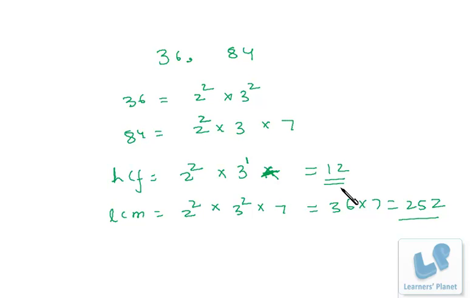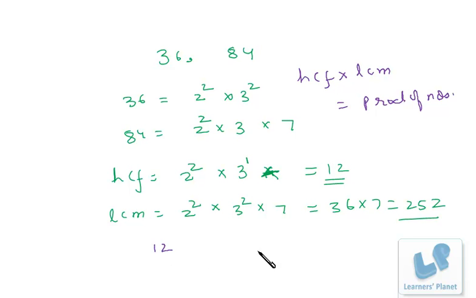So I hope you are clear with the concept of HCF and LCM by prime factorization method. Now the important thing over here is one more observation, that is HCF into LCM of two numbers is equal to product of the numbers, right? So here what is HCF?